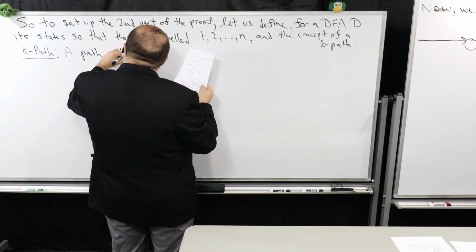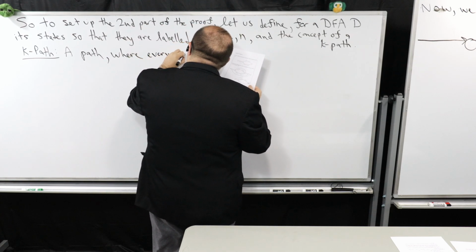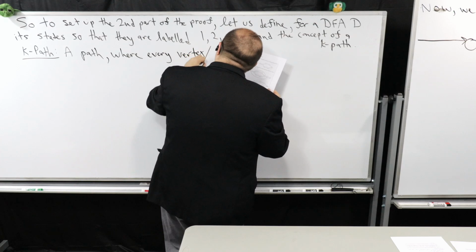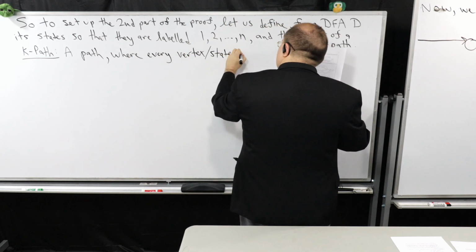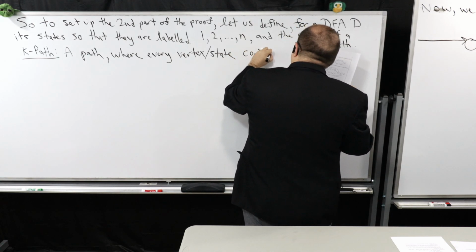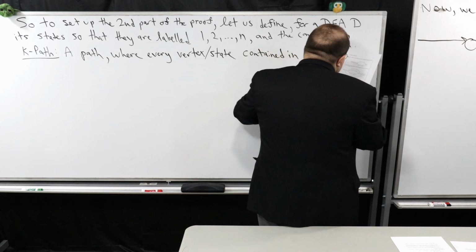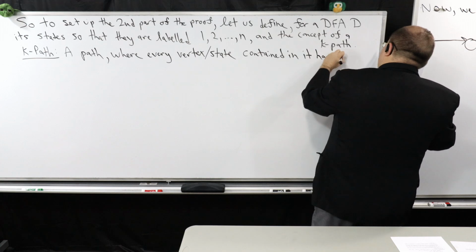A k-path is a path where every vertex, and I'll use the words vertex and state as synonyms very often, every state contained in it has a label.